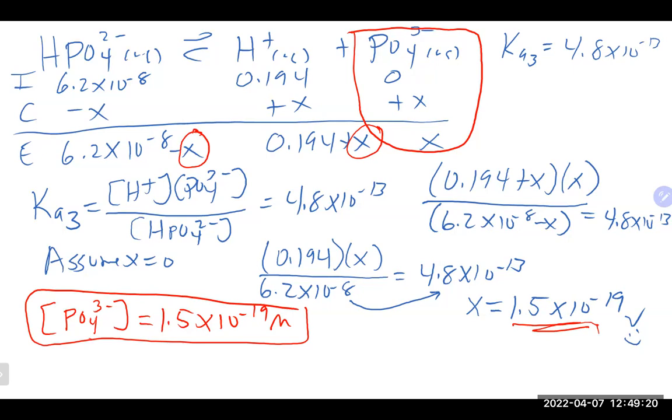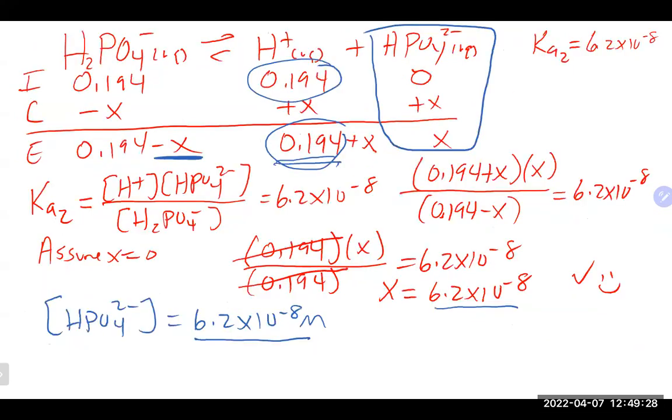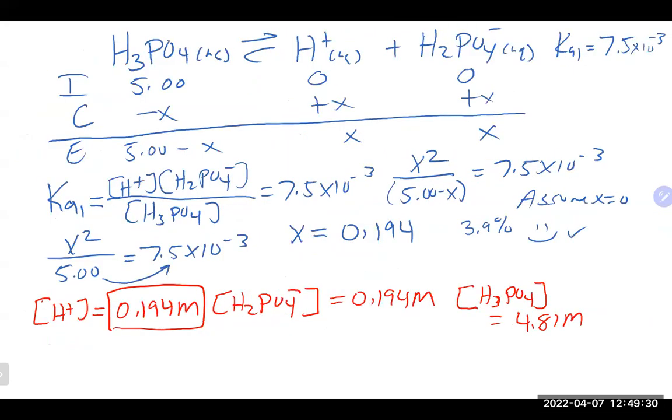So again, if you're not asked to calculate everything, you don't have to go through all the steps, obviously. If you are, then you obviously do, like we did in this problem. But in most cases, if it's just a straight polyprotic acid and you just want to calculate the pH, you are pretty safe just to use the very first H plus that comes off. That in pretty much all cases will be the majority of the H plus that comes off in that solution.